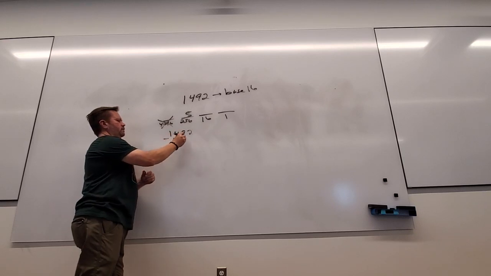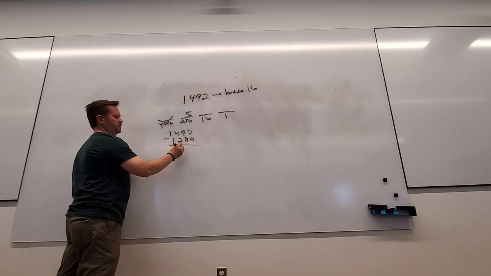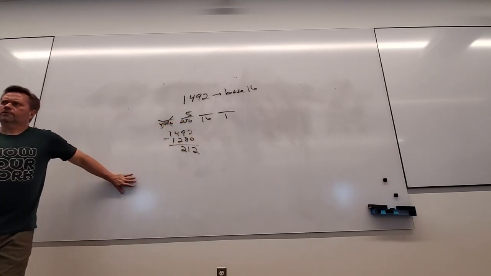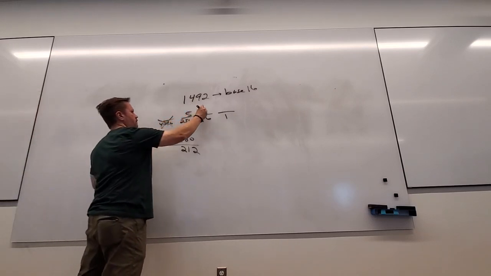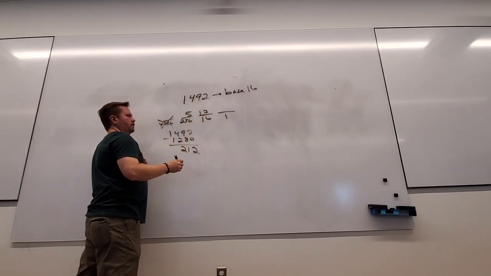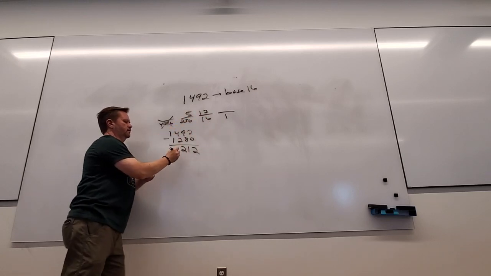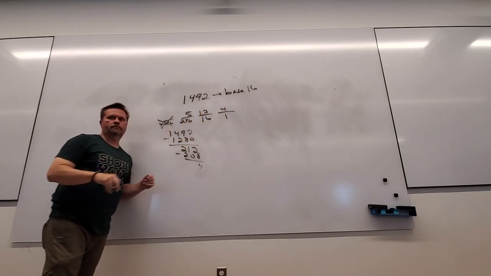So how much do I have left? 212. So 16 goes into 212 thirteen times. 13 times 16 is 208. So then I just have 4.